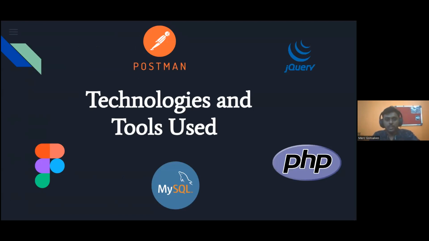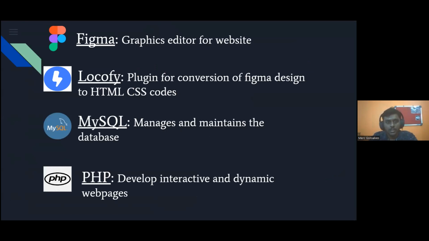So now moving on to the technologies and all the tools used. We start off with Figma, which is the platform that I used as the graphics editor and to create the front end. You take the design from Figma and you use Locofy to convert it into HTML and CSS code. Then for the backend database, I've used MySQL. I've used PHP for the web services so that I can retrieve data from the backend database.